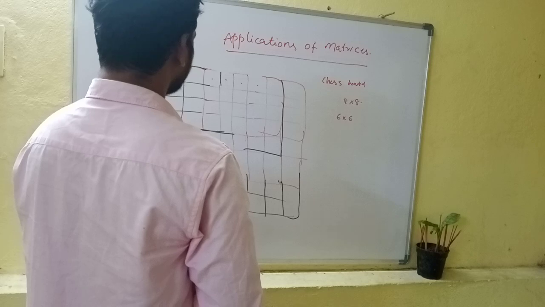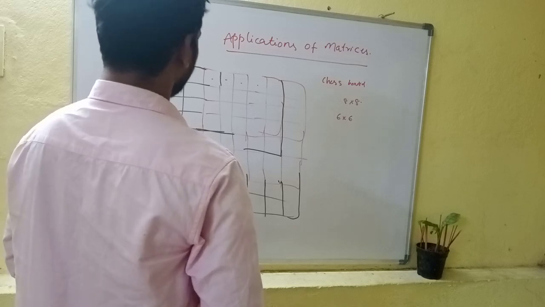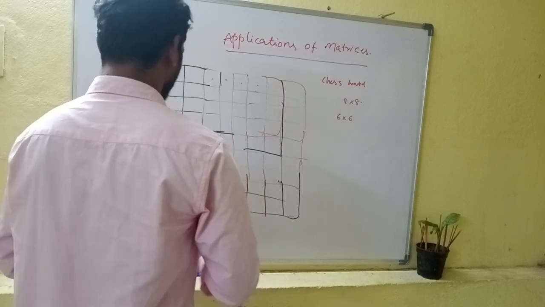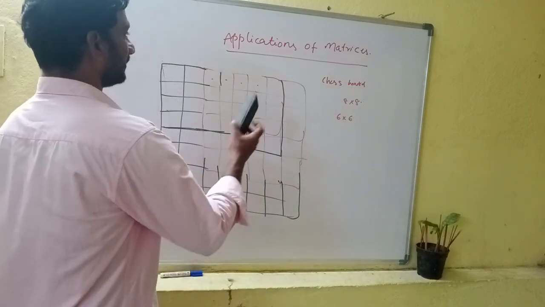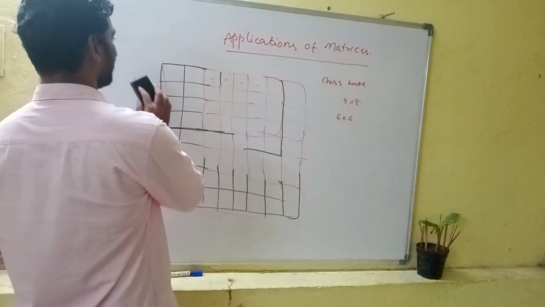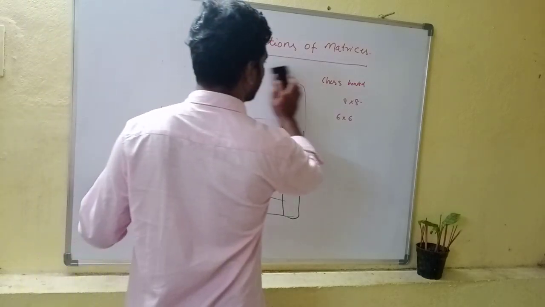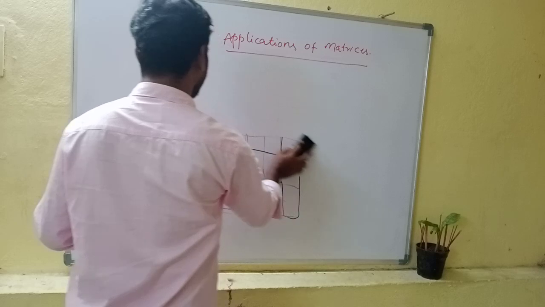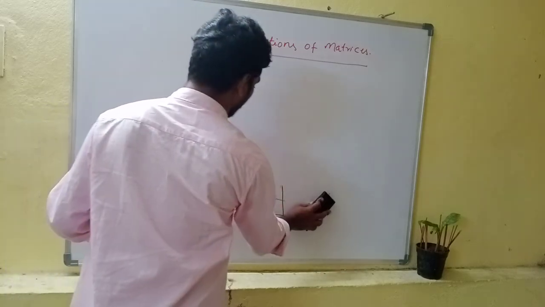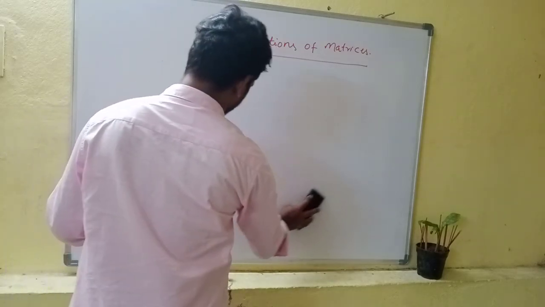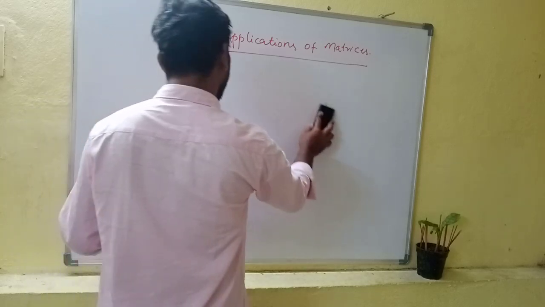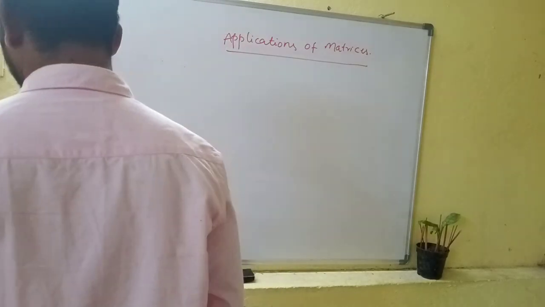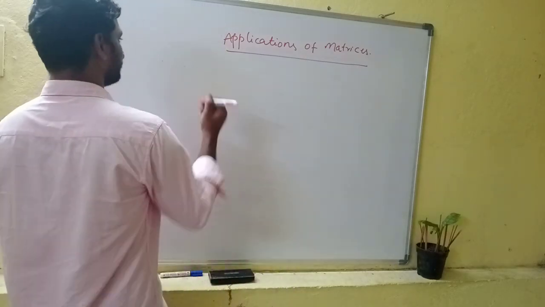So if you know the chessboard very clearly, you will definitely be able to solve these probability questions, and this matrix is also very easy. If you know the matrices, you can apply the concept and some standard rules in chess, and you will definitely learn that. So now coming to the technology.